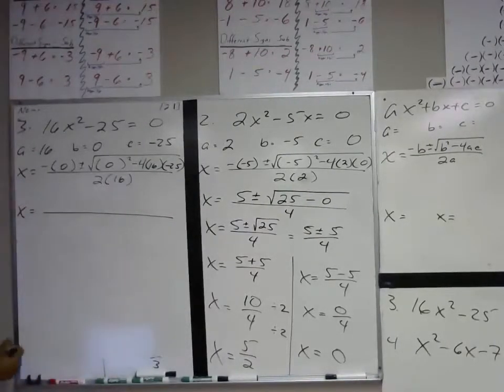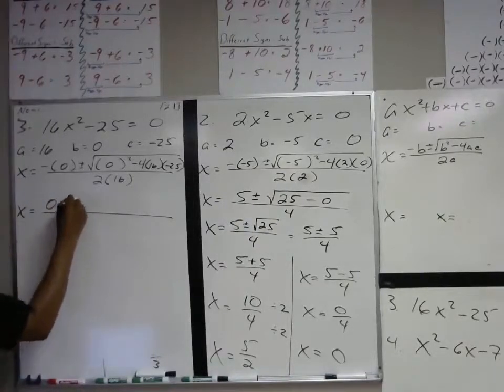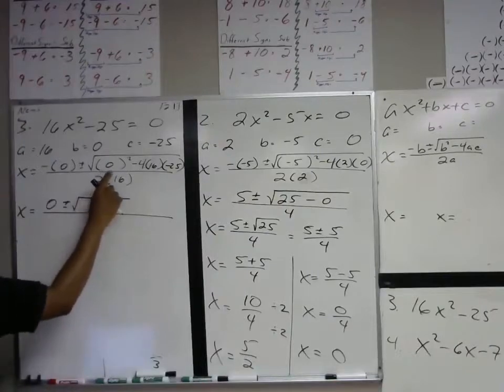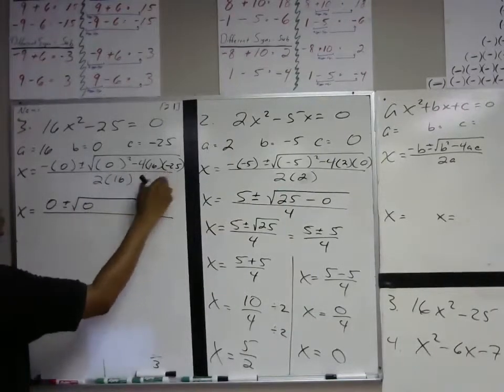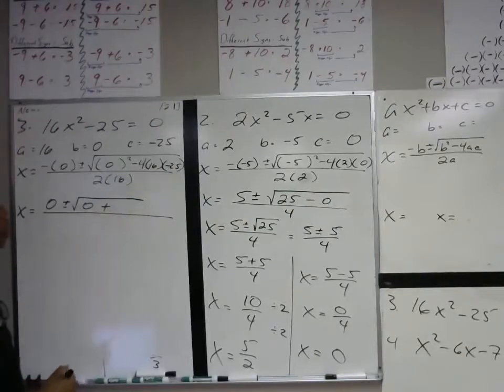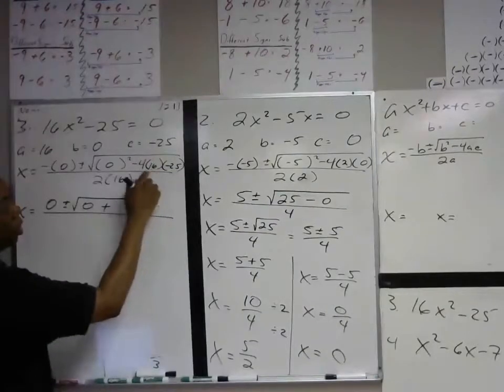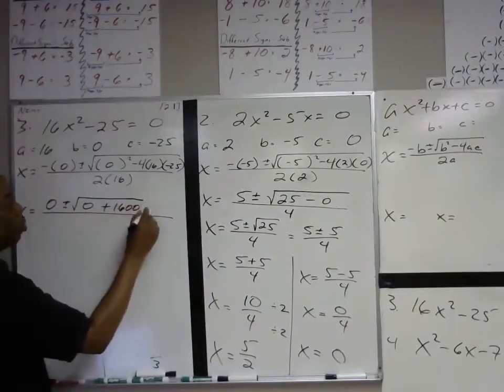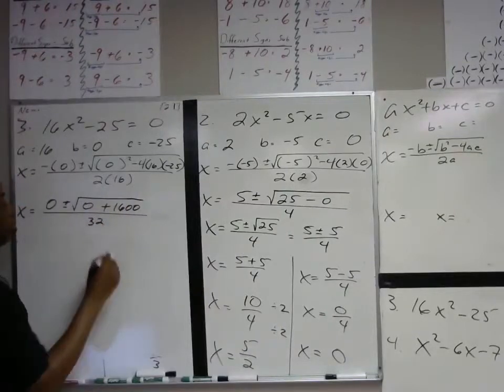In the process of simplifying, the opposite of 0 is still 0. 0 squared is 0. Here we have a negative times a negative, which is positive. And 4 times 25 is 100, and 100 times 16 is 1600. 2 times 16 is 32.